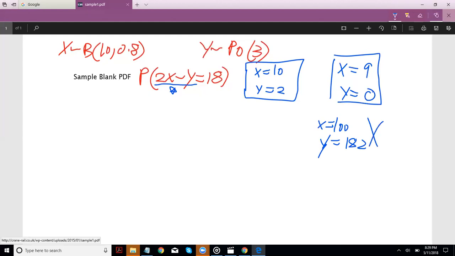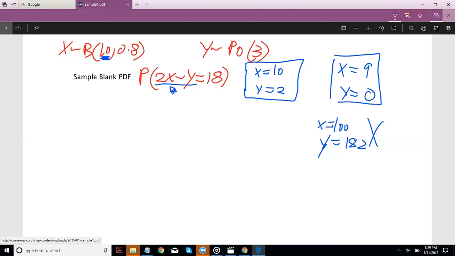But you won't take this into account, because the sample size of your binomial distribution is 10. So x can't be any value above 10. Yes, in Poisson, your x values could go all the way up to infinity, but for binomial you have a fixed upper and lower limit. X can only vary from 0 to 10.